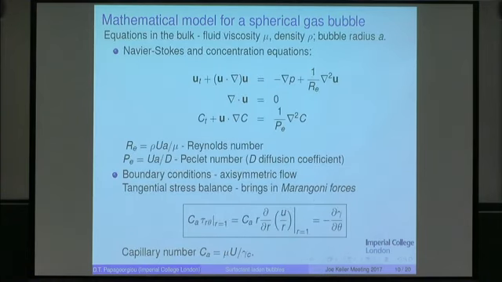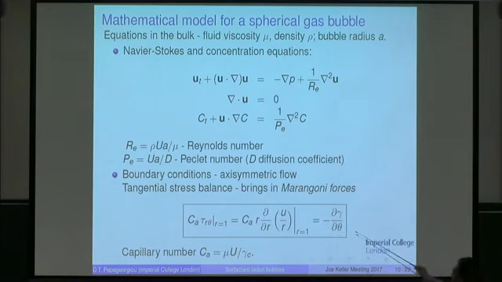So what are the equations? Here they are: Navier-Stokes, as we said, with a convection diffusion equation. There's a Reynolds number, a Peclet number, and now let's go through the complicated boundary conditions. So think of those as solved. The boundary conditions are a tangential stress balance that, because of the presence of surfactants, has a Marangoni force.